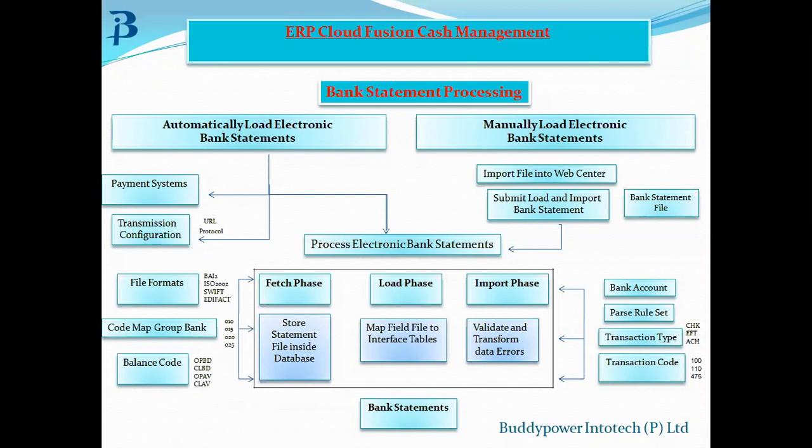The bank is an entity for us which receives and sends the money, and the bank will send a bank statement to our organization. A bank statement can be in electronic format, or it can be printed, as you receive it in the mail. If the bank statement is electronic, then it automatically gets loaded to cash management.